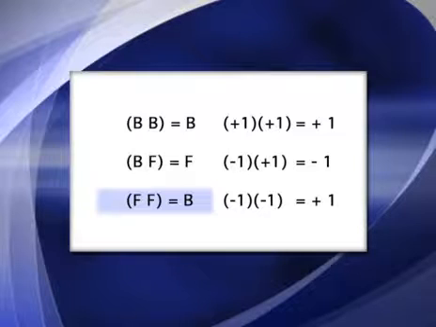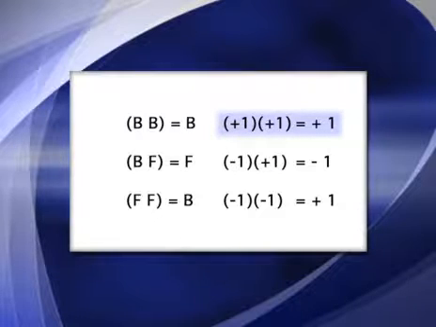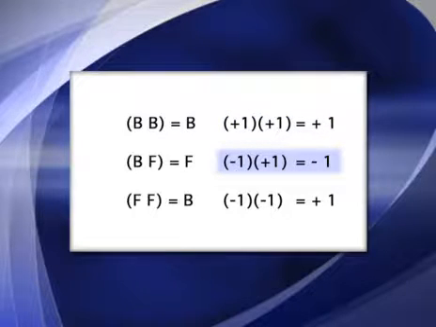Now, you might say, well, who cares about all that? But it has important implications. If you actually look at this table, you'll notice something else. Bosons and fermions in this little table act exactly like the numbers plus and minus 1. After all, plus 1 times plus 1 is plus 1. Well, that's boson times boson equals boson. Boson times fermion, well, that's like minus 1 times plus 1, and minus 1 times plus 1 is minus 1.